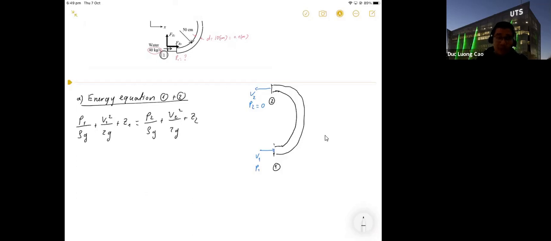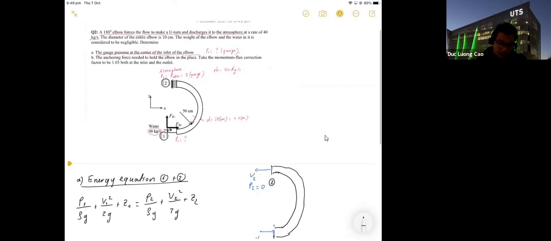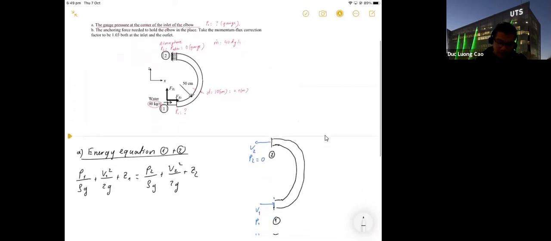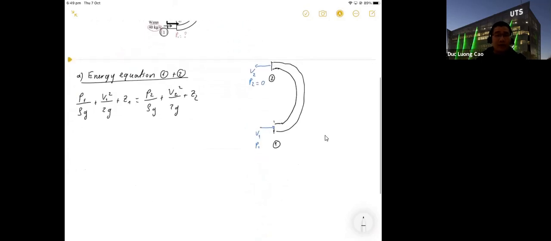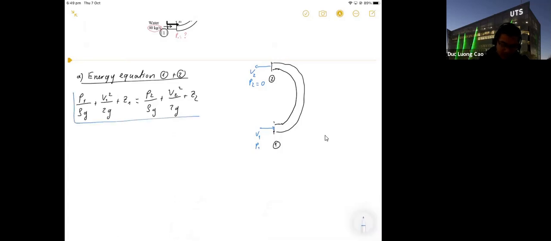No turbine between 1 and 2, so ignore it. Because the question does not mention energy loss, you can assume this is ideal flow. For ideal flow, energy loss is 0. So this is the Bernoulli or energy equation between point 1 and point 2.